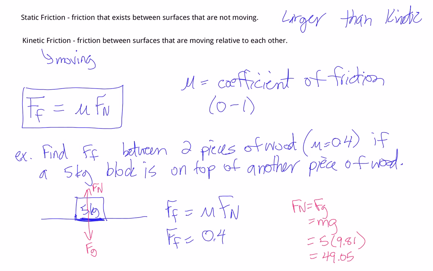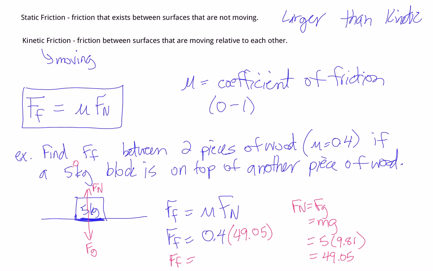So after calculating, we get 49.05 for our force of gravity, so that's what we'll multiply by our coefficient of friction. And when we do that, we get an answer of 19.62.